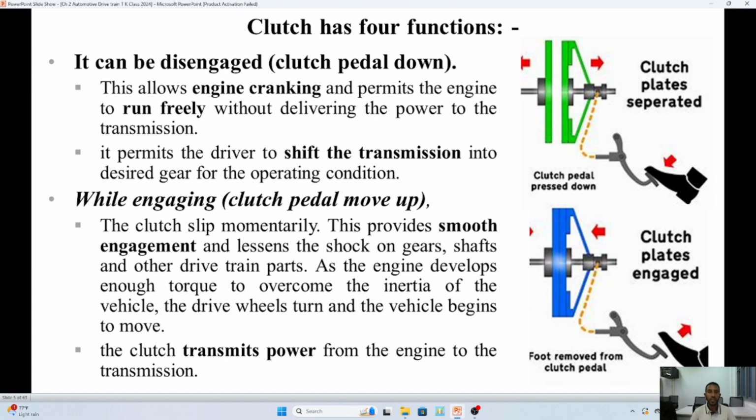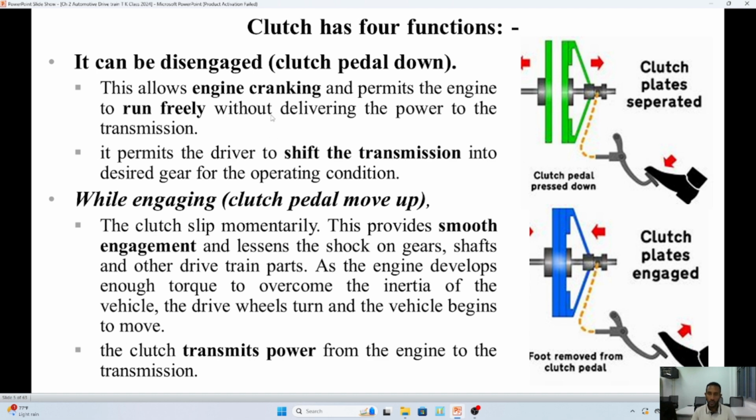Obviously, when we come specifically to the vehicle clutch system, this clutch has four functions. The first two functions will be performed when the clutch is disengaged, or when the pedal is depressed by the driver, as you observe in the picture. The two parts will be separated, which means the engine side and the gearbox side will be separated.